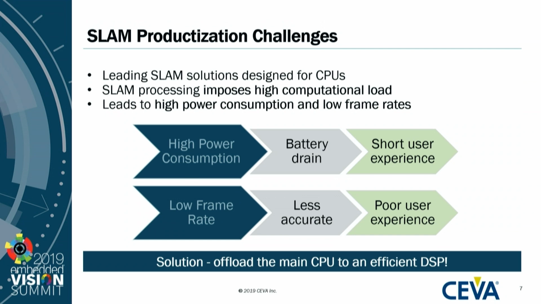High power consumption causes battery drain that makes the user experience very short, while low frame rate affects accuracy and hurts the user experience. How can we resolve these problems? The solution is to offload the processing from the main CPU into a DSP processor.